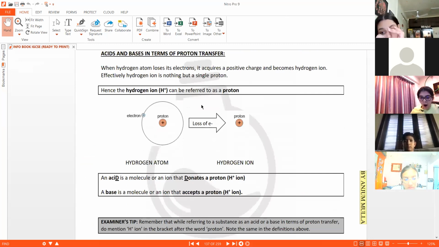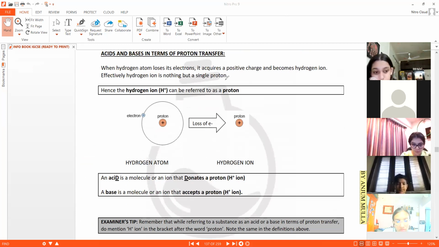Now, the next part that we are learning about is the definitions of acids and bases. This is something new to you, so everyone pay attention. How do you define an acid and a base?